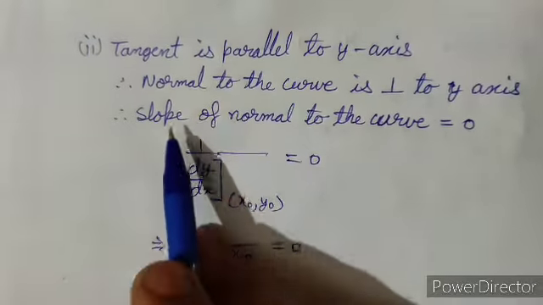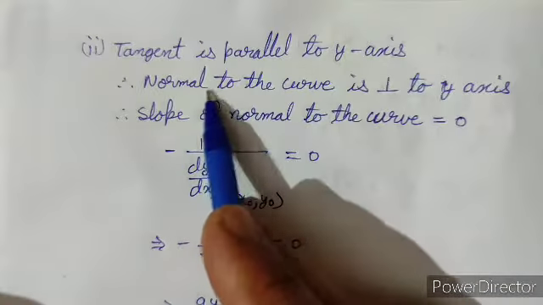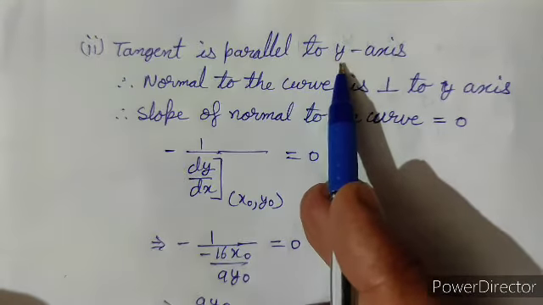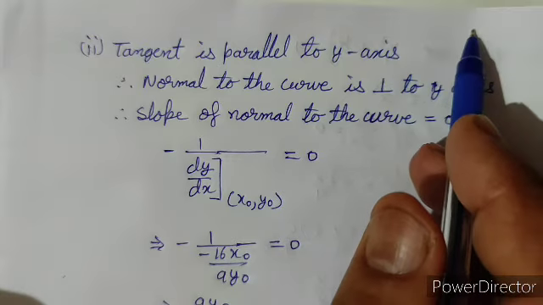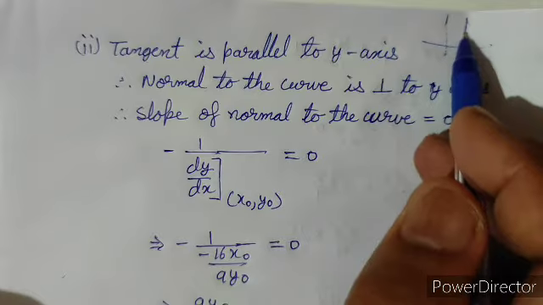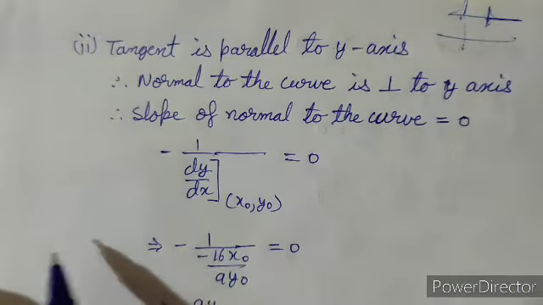Now in the second part, tangent is parallel to the y-axis. That means normal to the curve will be perpendicular to the y-axis. Now if a line is parallel to the y-axis, then its normal will be perpendicular to the y-axis.